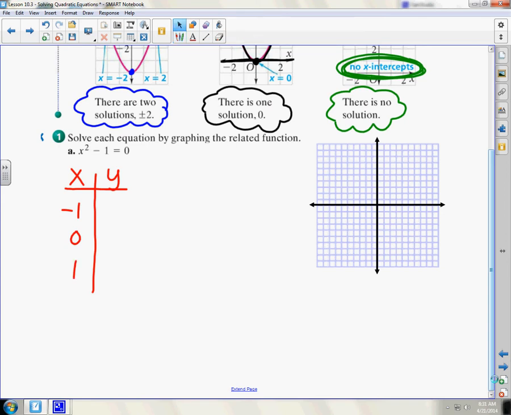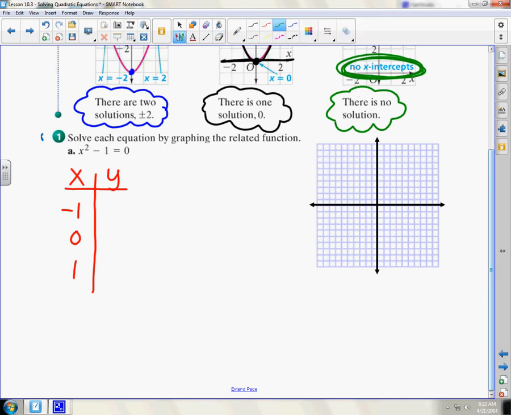Or you can do negative b over 2a. There is no b, so that would be negative 0 over 2 times 1, which really is not helpful whatsoever. So let's go back to our table.